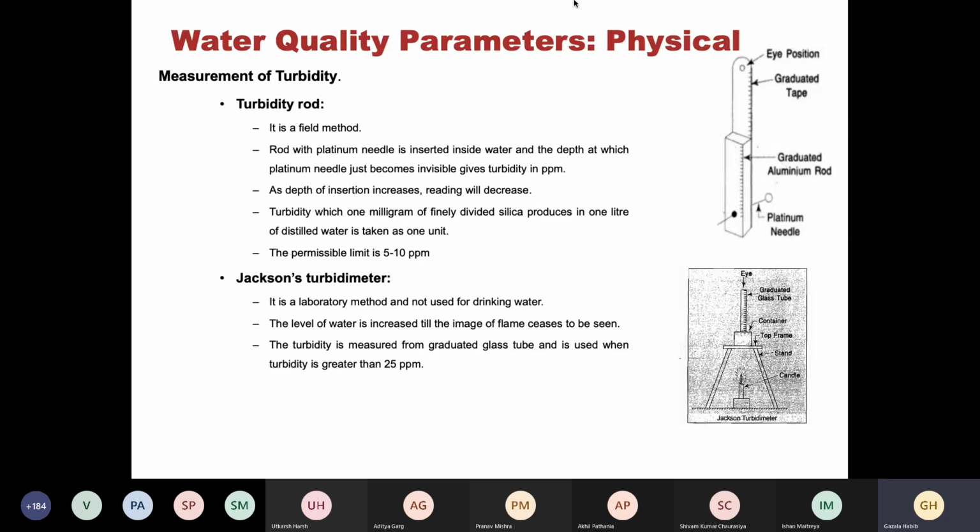If water is less turbid, the reading will be low. If water is highly turbid, even at a small insertion distance the needle will not be visible.